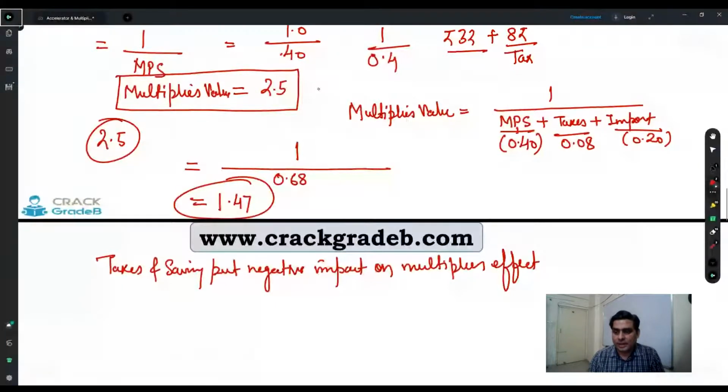Why? Suppose that taxes are zero and import is also zero, right?